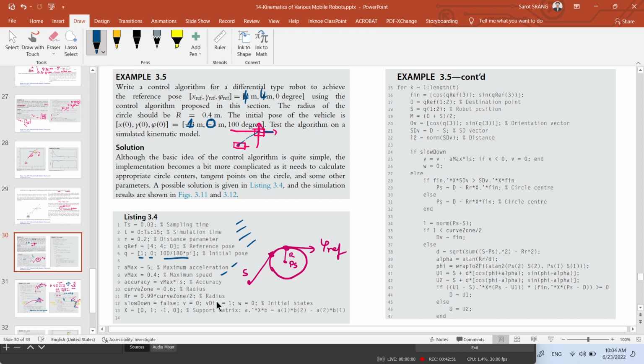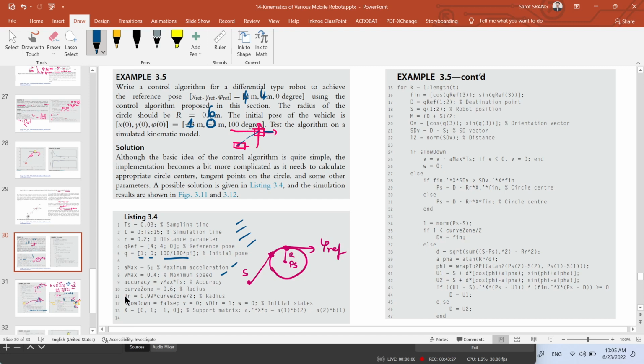And the curve zone here is the radius of the circle. So 0.6, actually it says 0.4 here, but it's supposed to be 0.6. And here curve zone divided by 2 means half of the radius.